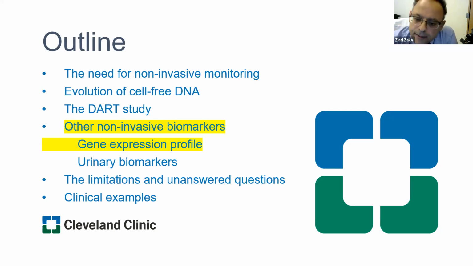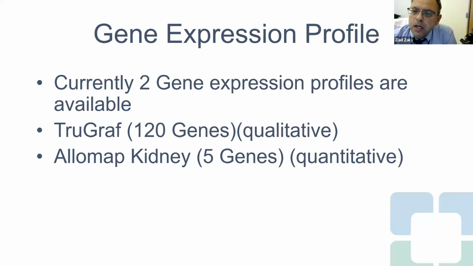So moving along to other biomarkers, there is a gene expression profile. And gene expression profile, as a science or application, is a little bit lagging behind the donor-derived cell-free DNA. So currently, we have 2 gene expression profile tests available.